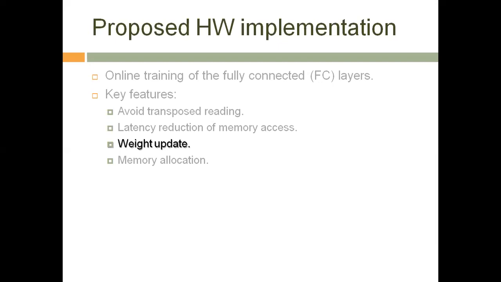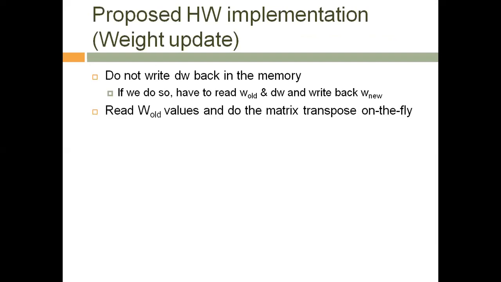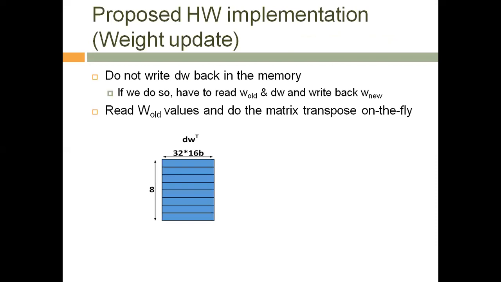Next is the weight updates. We don't write back the delta weights to the memory. If we did so, we would have to read the old weights and delta weights again and write back the new weights. Instead, we read the old weights and do the matrix transpose on the fly.